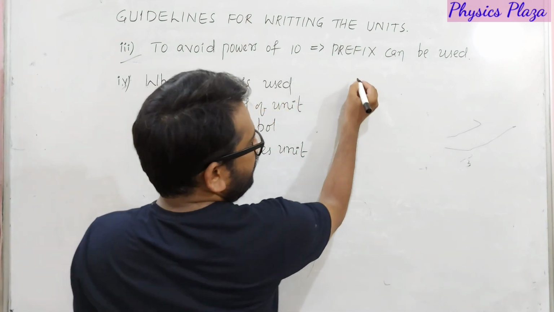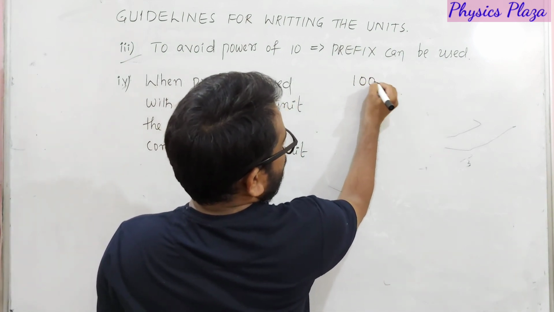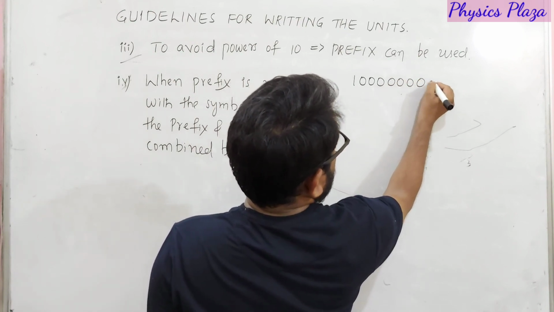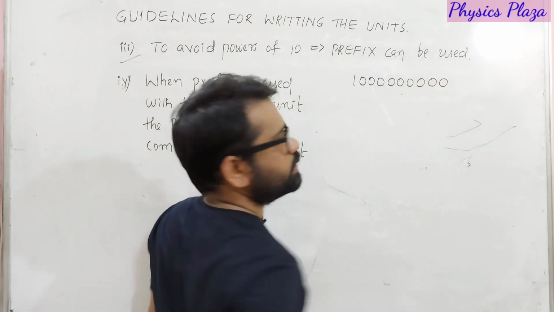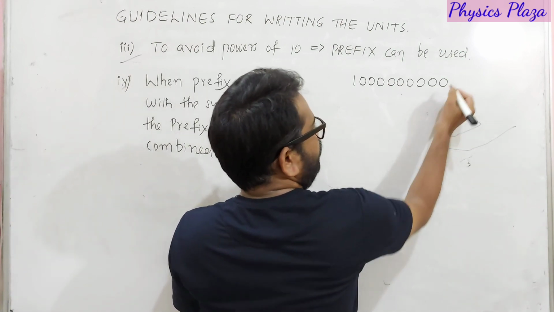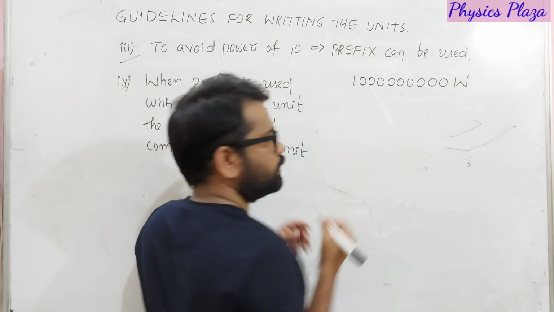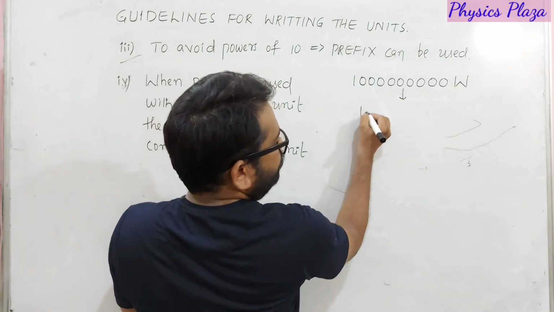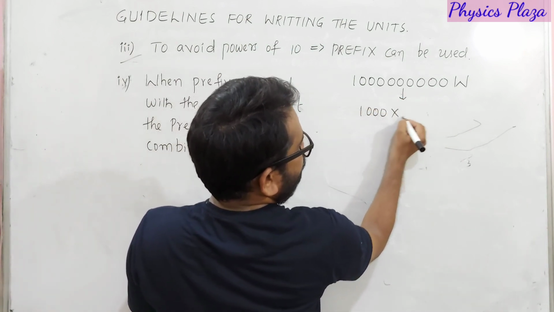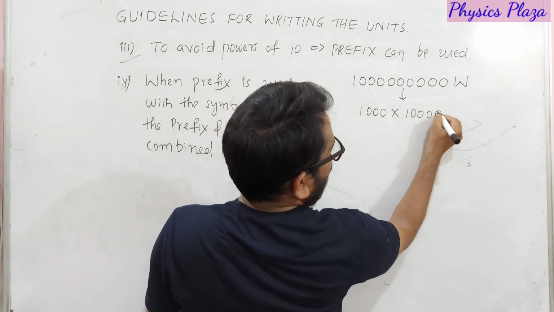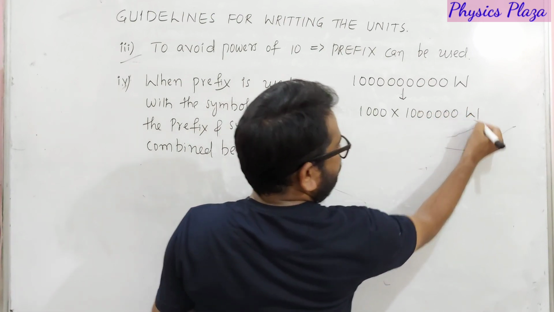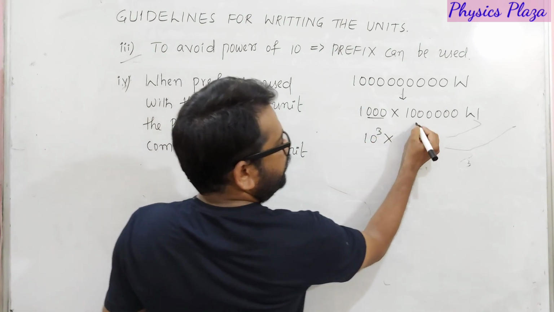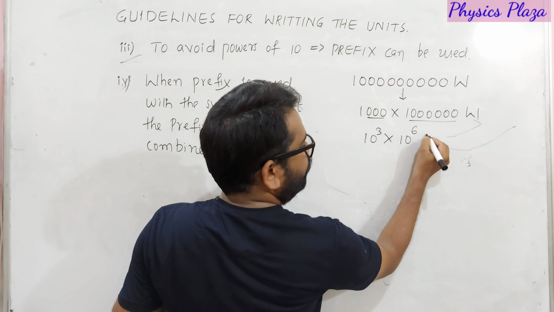For example, take a value which can be written as 10 power 3 into 10 power 6 watt.